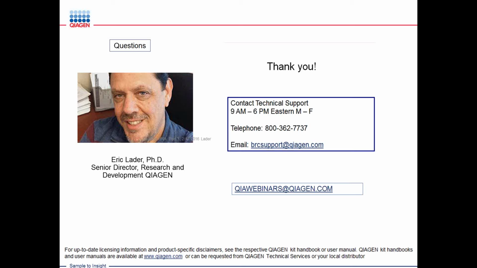The question is, if there is no polyA selection, can this technique be used on samples with genomic DNA contamination? Yeah, so there is a recommended DNase step on the RNA, and that's why we're including a panel of transcriptionally dead DNA controls.